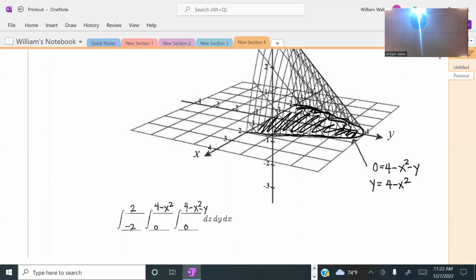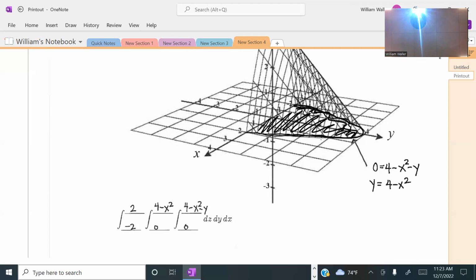How do you find that curve in the xy plane? What do you do? Yeah, in your original formula, set z to 0. So there I have 0 equals 4 minus x squared minus y, and that's very easy to solve for y. So I get y equals 4 minus x squared.